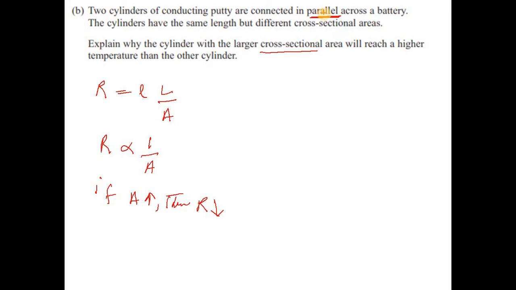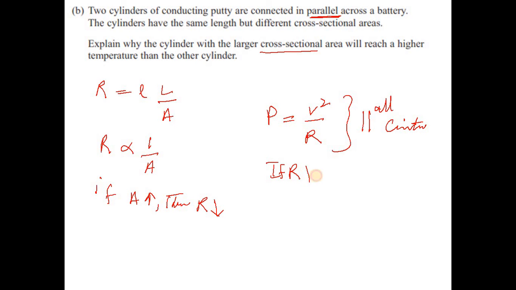And in a parallel circuit, power dissipation is V square upon R. This is for a parallel circuit. That means if resistance is less, then power dissipation would be large.